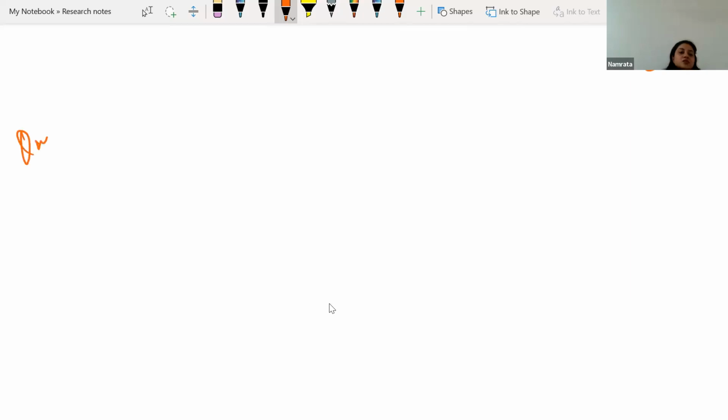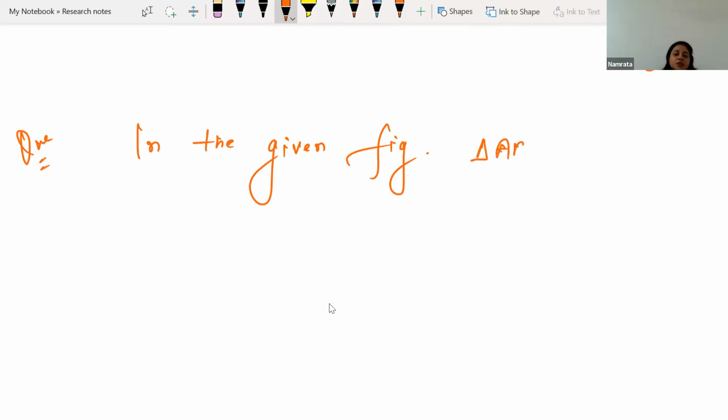So the next question says, in the given figure, triangle ABC is similar to triangle QPR.